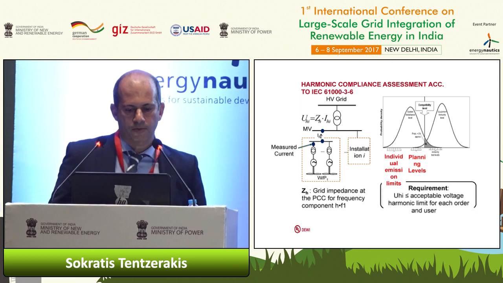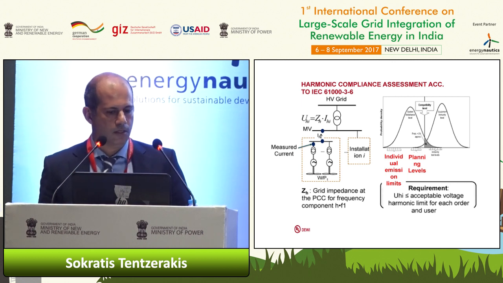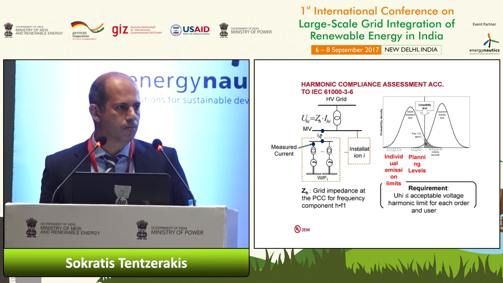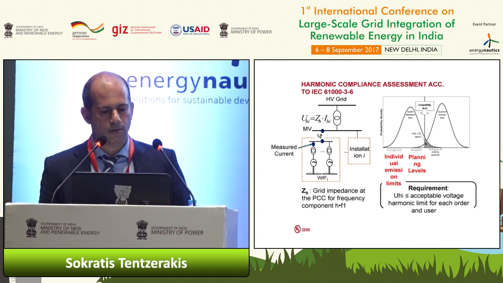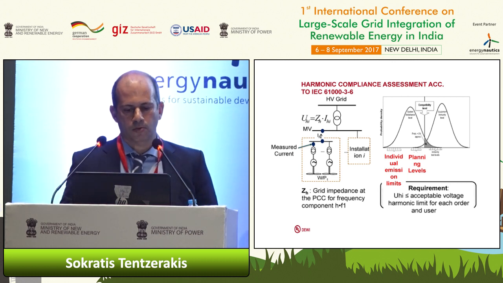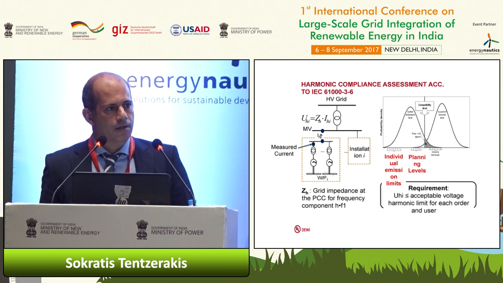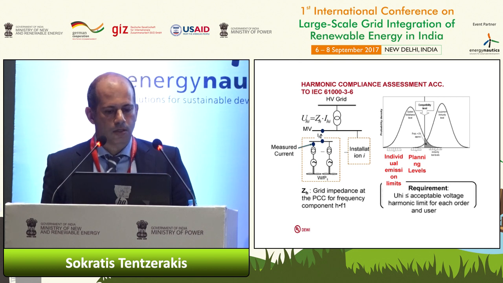So here, for example, in a wind farm, we measure the current typically at the low voltage or medium voltage side of the transformer of the wind turbine. Then we have to aggregate all the measured currents of the total of a wind farm, and go to the point of connection.